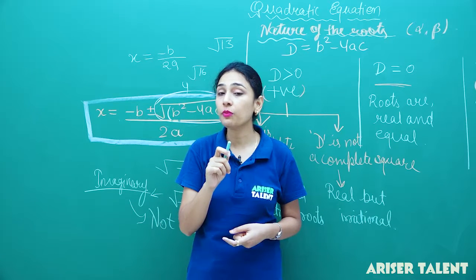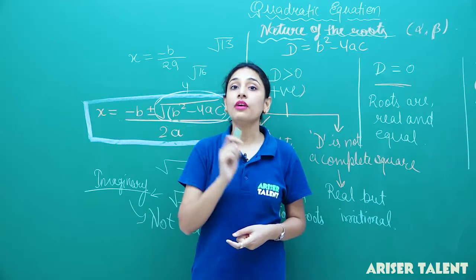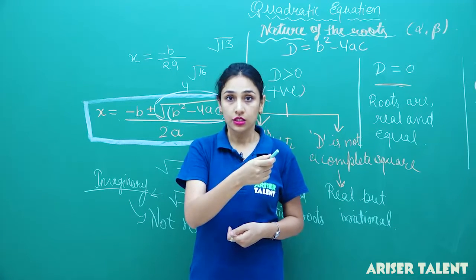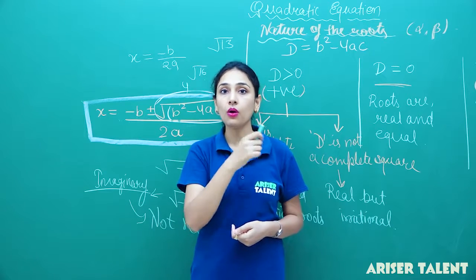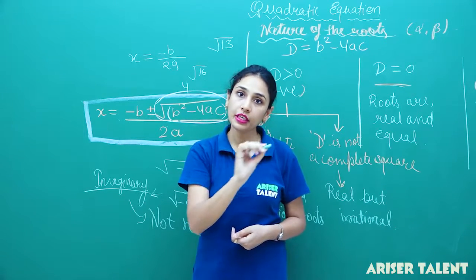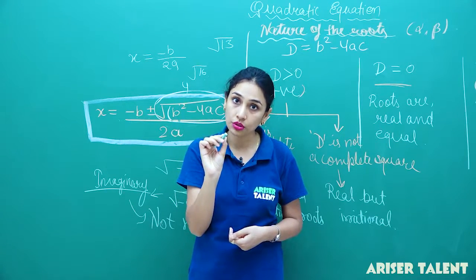So roots of the quadratic polynomial are alpha and beta. Now we have the values of alpha, beta. We have calculated them from the Sridharacharya formula, and we have also taken the basic quadratic equation ax square plus bx plus c equals to 0.